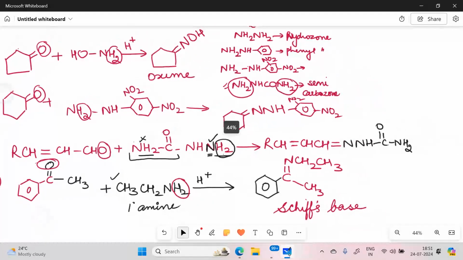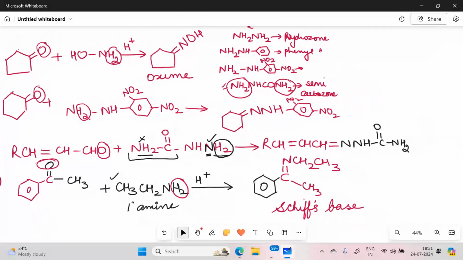So in these reactions, wherever you can see NH2 and aldehyde or ketone, it is always an ammonia derivative reaction. You have to remove water and combine the remaining part with the double bond. There are two things you have to see here. If semicarbazide is there, be careful from which side you remove H2, because maximum time they will give it in this way only.